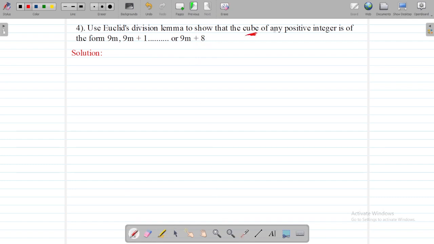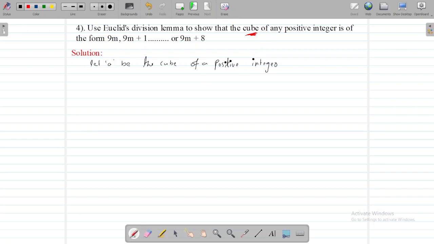You have to show that for the cube of any positive integer. So for that, as usual, you have to take the value of a. Let a be the cube of a positive integer.